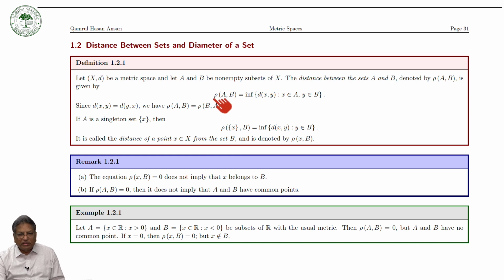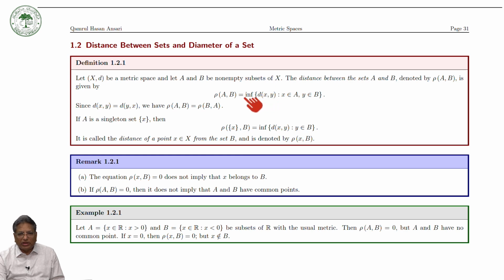So here rho(A,B) is the distance between the sets A and B, which is equal to the infimum of d(x,y), where the infimum is taken over x in A and y in B. Of course, because d is a metric, it is symmetric, that is to say d(x,y) is equal to d(y,x).